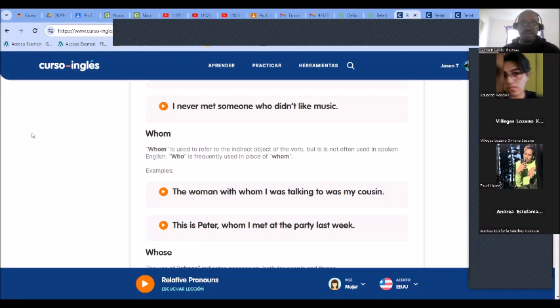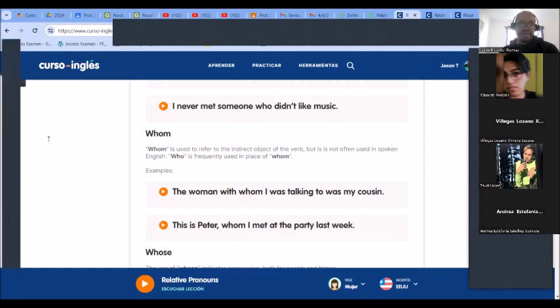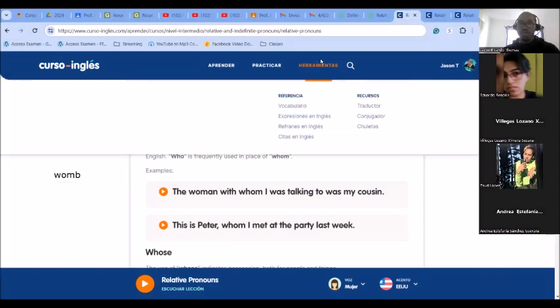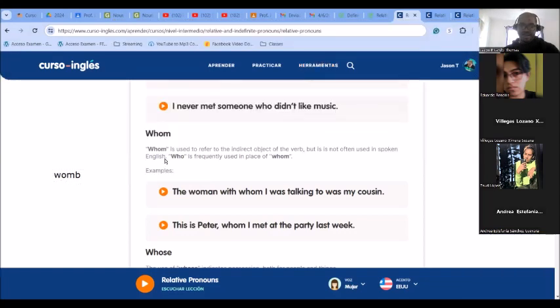All right. Be super careful with this word because we have another word in English which you are pronouncing right now. And that word is this. All right. That is womb. The relative pronoun we're practicing is whom. A little difficult because it has an H sound. Right. So whom.